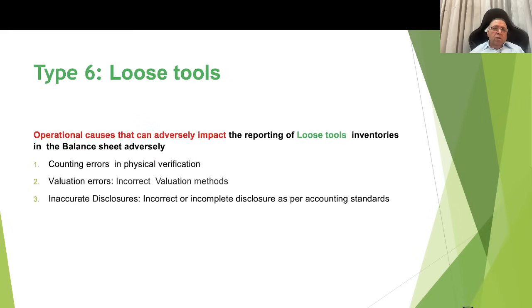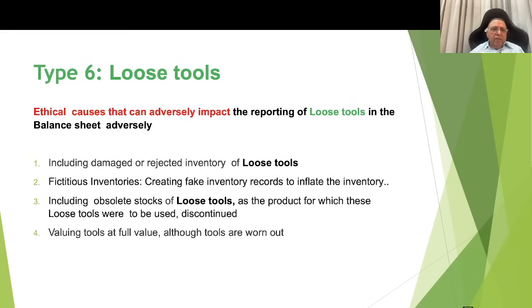Loose tools. Now, operational causes that can adversely impact the reporting of the loose tools inventories in the balance sheet. Loose tools are the ones which are used for processing of the raw materials, particularly in the context of manufacturing plants. The operational causes can be counting errors in the physical verification, number two, valuation errors, and number three, inaccurate disclosures.